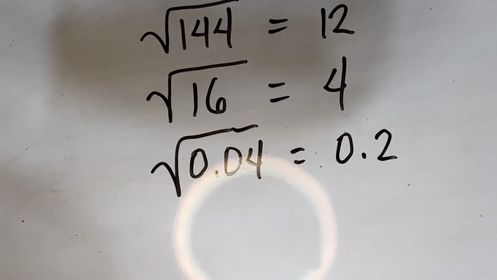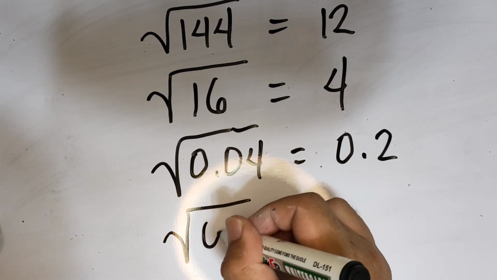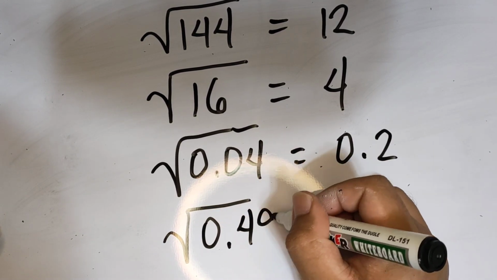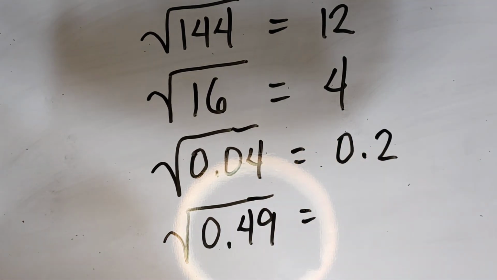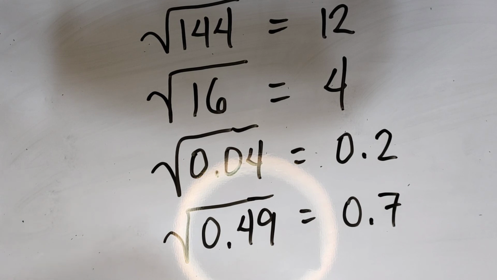Okay? Another, square root of 0.49. Okay, very good. That is 0.7. So, this is the principal root kasi we are only talking about positive square roots. Okay? So, ganun lang yung ating principal square roots.